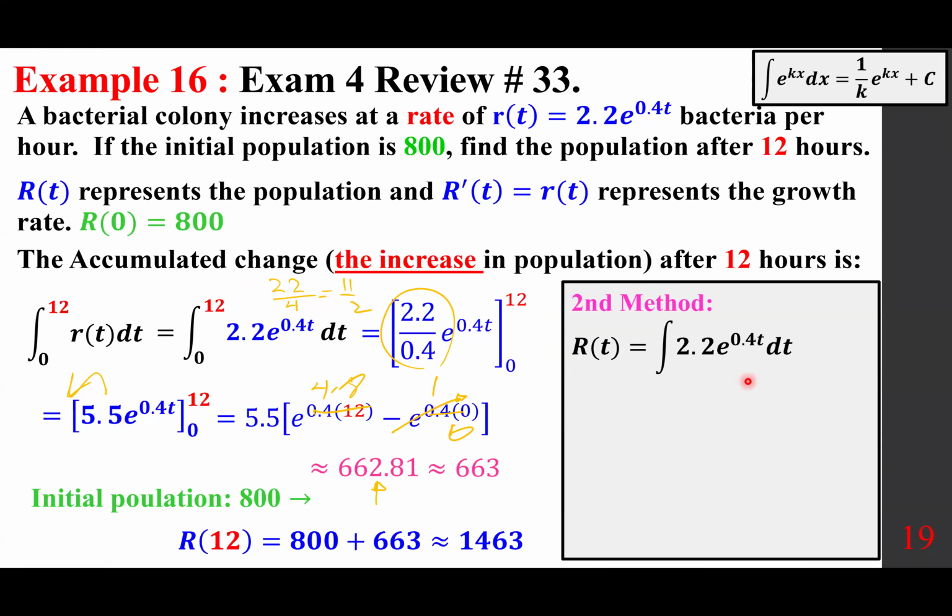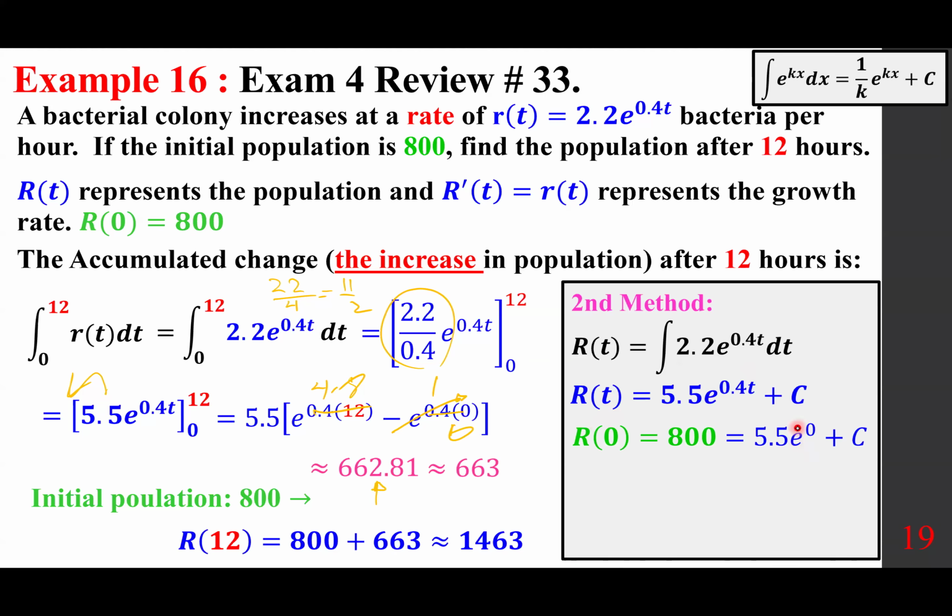For the indefinite integral, same thing plus a constant. Now, can we find the constant? R of 0 is 800. Replace the t with 0, R of t with 800.